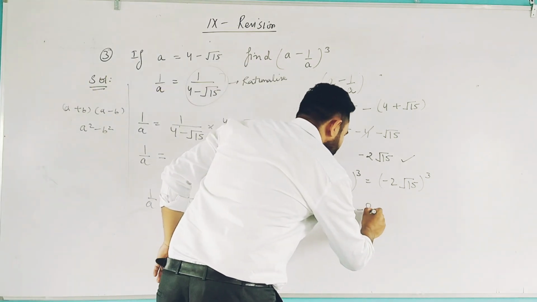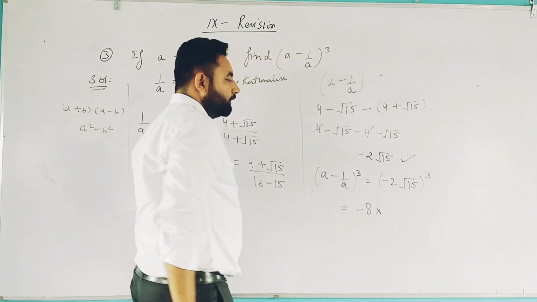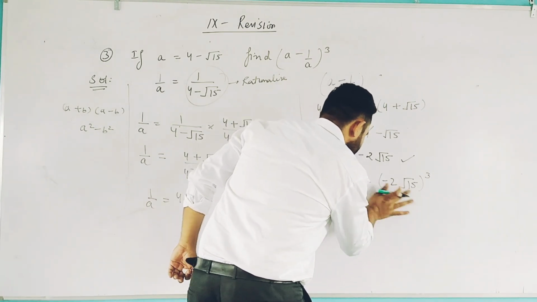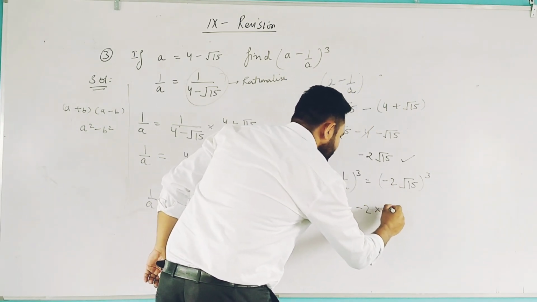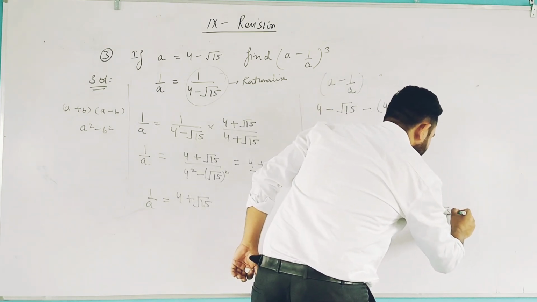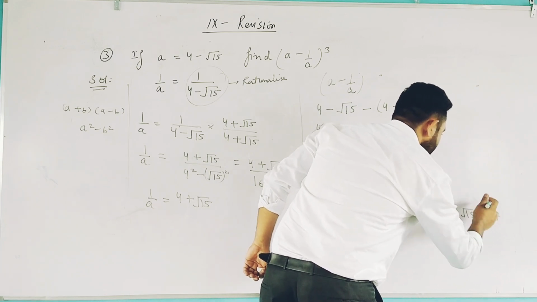So minus of 2 cube can be written as minus of 8. So I'm writing here minus 2 into minus 2 into minus 2 multiplied by 15 root 15 into root 15.